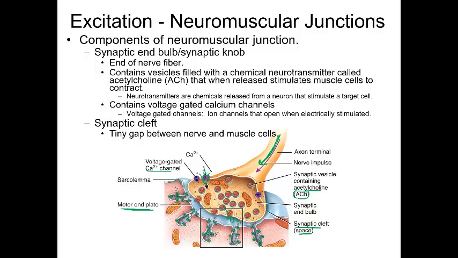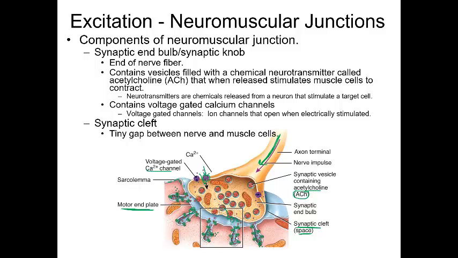Can everyone see these green little gates? They're closed shut right now. They're sodium ion gates, and they're tightly closed shut. This acetylcholine is going to go bind to these sodium ion gates because they have little acetylcholine receptors.